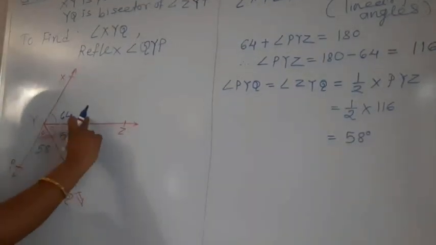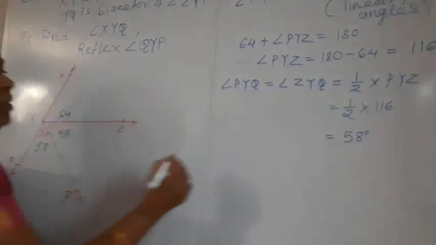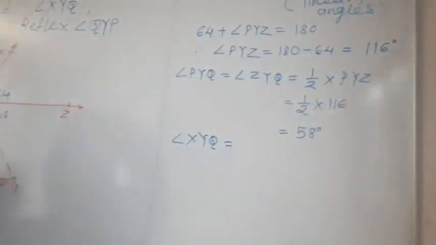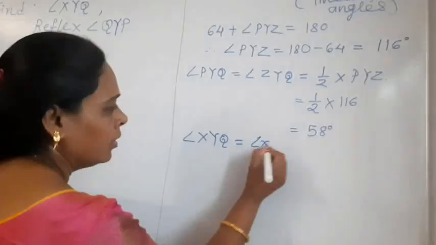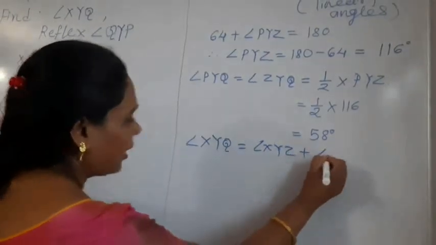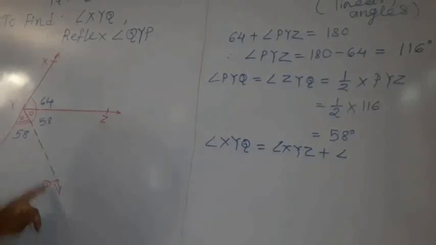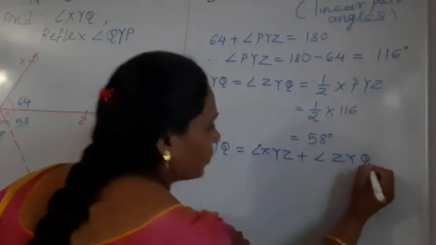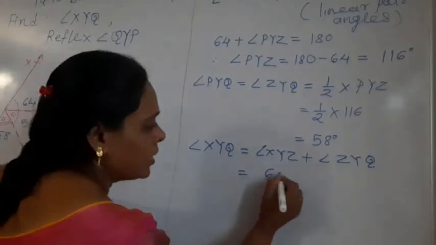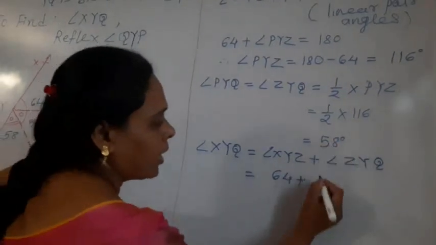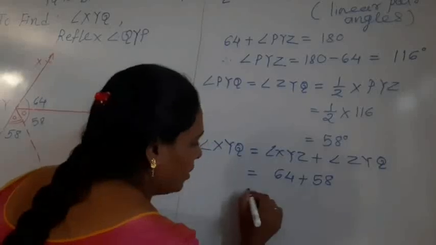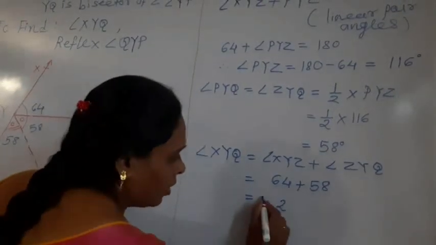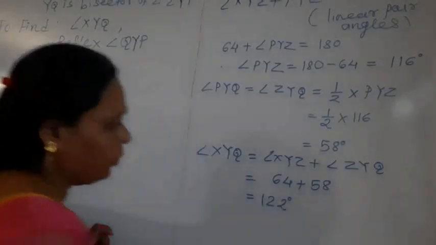XYQ is the sum of these two parts. Angle XYQ is equal to angle XYZ plus angle QYZ or ZYQ. Substitute the value. XYZ is 64 and ZYQ is 58. Add them. It is 122 degrees.